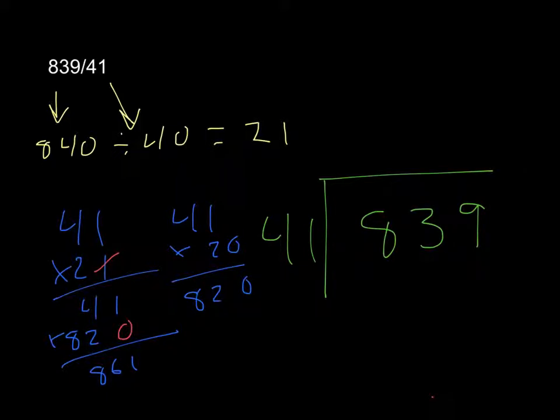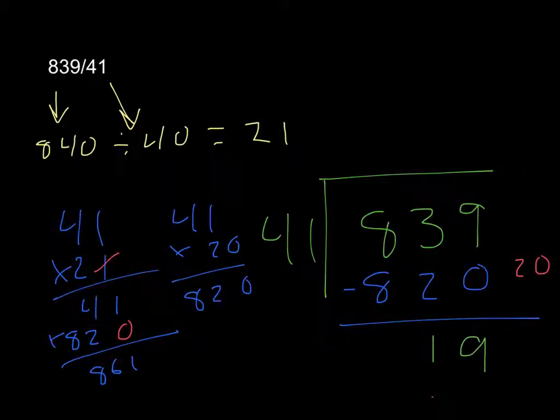Okay, so I'm going to take my 820 over here. Don't forget to write off to the side that I did this 20 times. And 839 minus 820 results in 19. 19 does not evenly go into 41, so that becomes my remainder. So my solution becomes 20 with a remainder of 19.